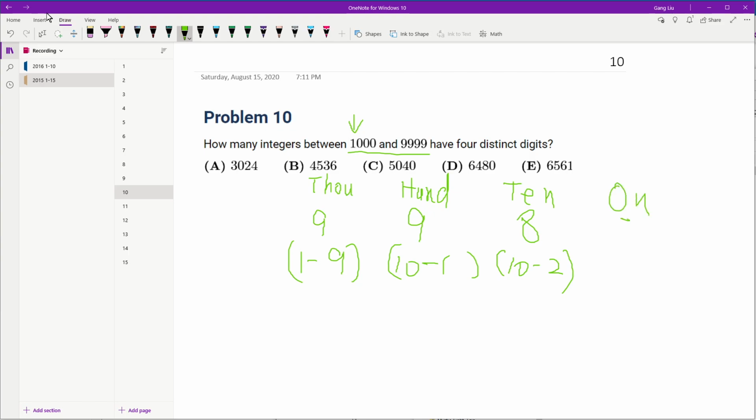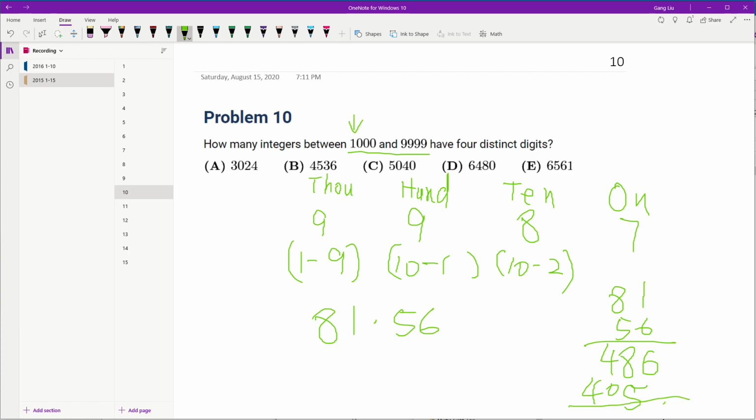Then on the ones position we have 7, so multiply those together. 81 multiplied by 56. B is the answer.